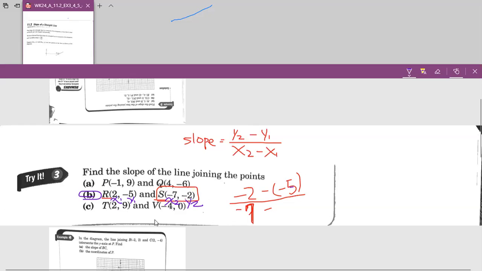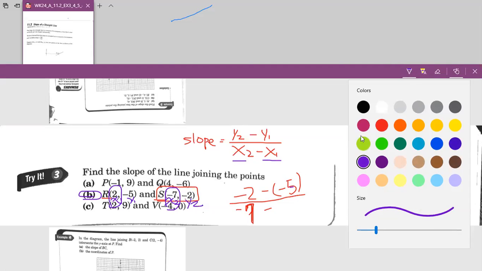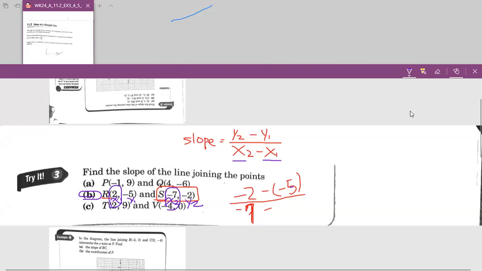So over here, we have -7 is our x2. And then since our formula is x2 minus x1, we want to plug in this x1 number. So our x1 number is -2, okay?